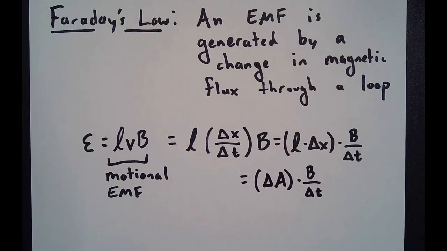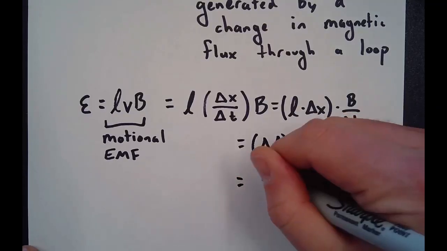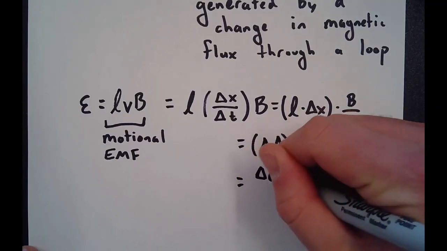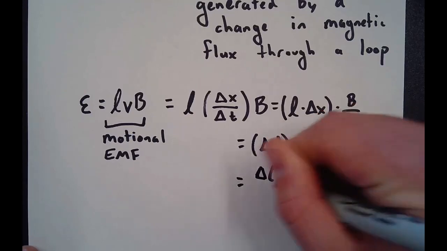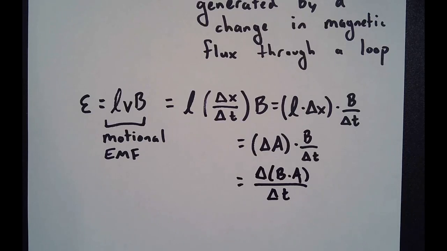And we looked at a static field, but the B field could be changing too. So another regrouping will give us delta B times A over delta t. And what's magnetic field times area? Flux.